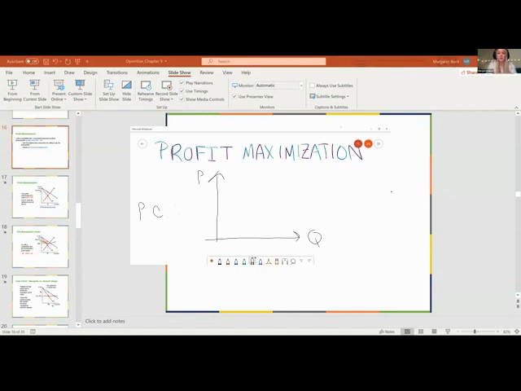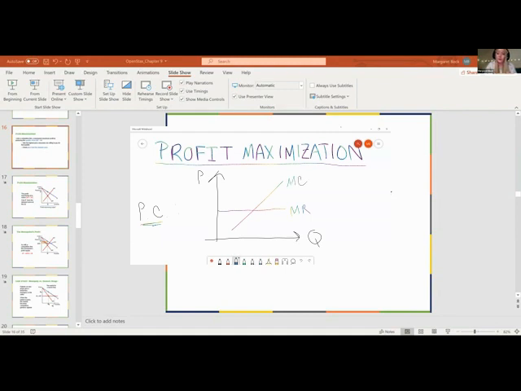Because we learned that the goal of any firm, whether it be a perfectly competitive firm or a monopoly, from an economist's point of view, is to maximize profits. So thinking back to how a perfectly competitive firm maximizes profits, if you remember, we drew out our marginal revenue and marginal cost curves.